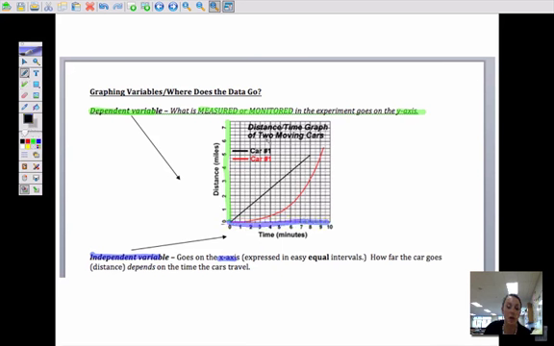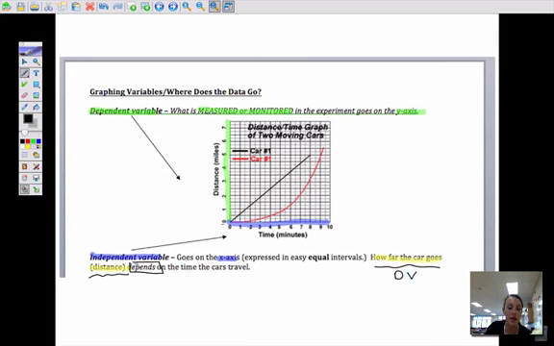So in this example, we have a distance versus time graph of two moving cars. The black line is car 1, and the red line is car 2. How far the car goes, which is distance, is our dependent variable, the distance traveled.